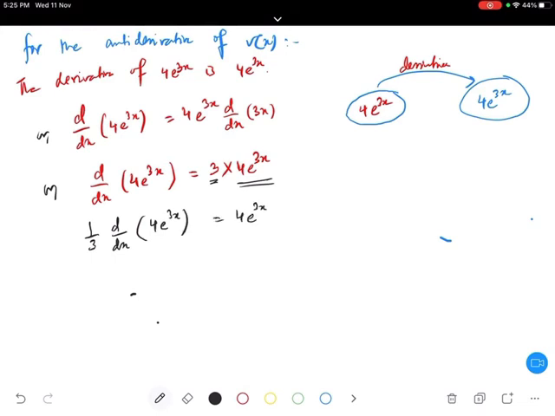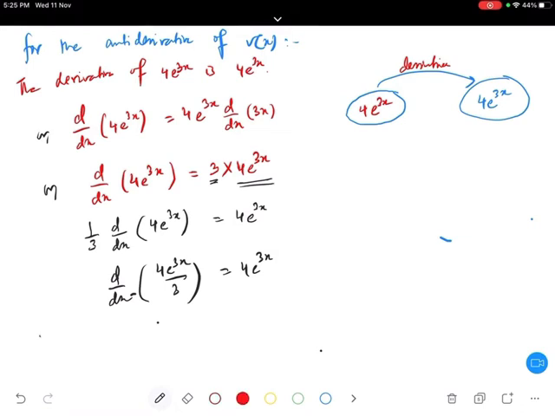This is what we have, right? Clear? Now this 4 I will take inside. So what do we have? d dx of 4 e to the power 3x by 3, and that is equal to 4 e to the power 3x. So we can say the antiderivative of 4 e to the power 3x is 4 e to the power 3x by 3.